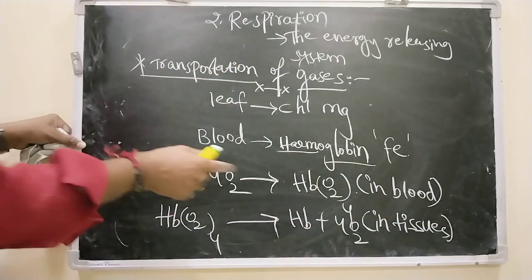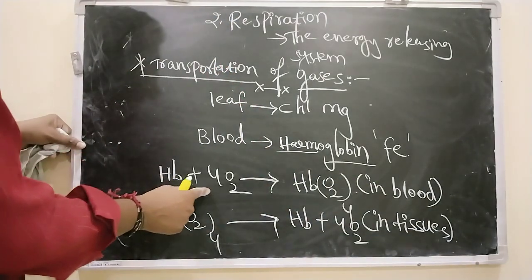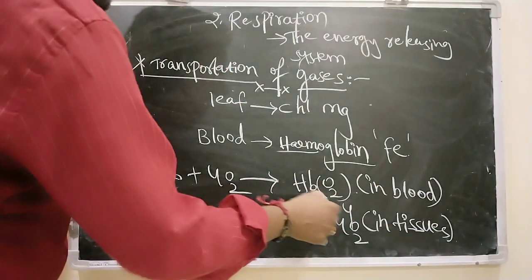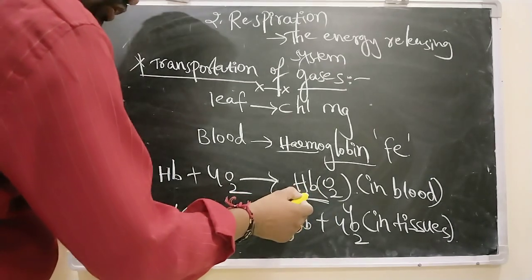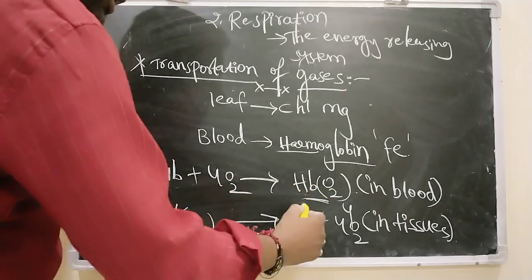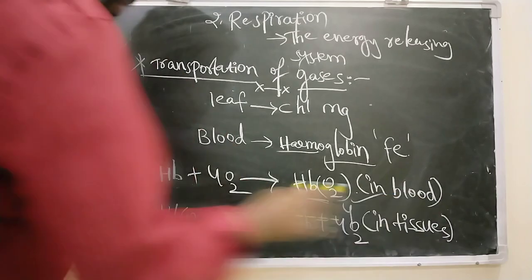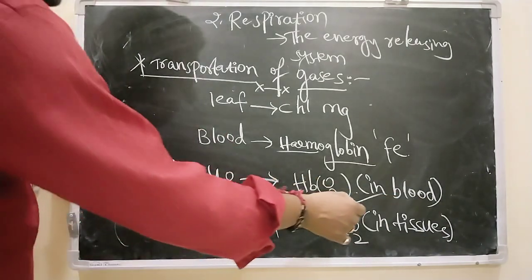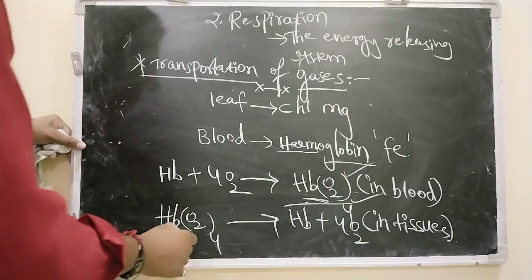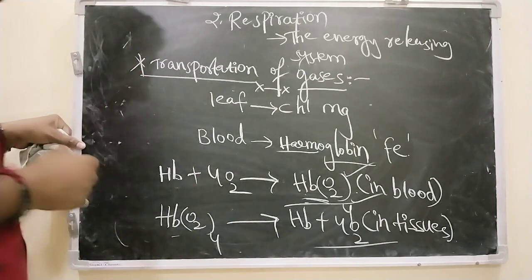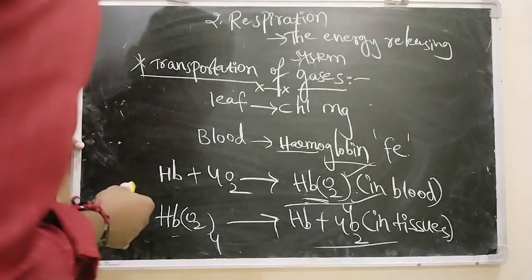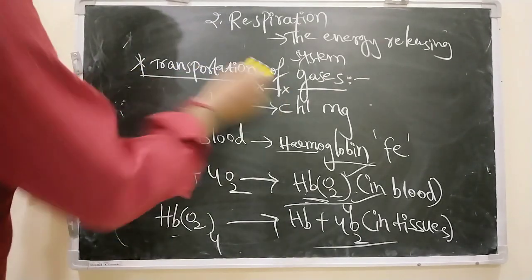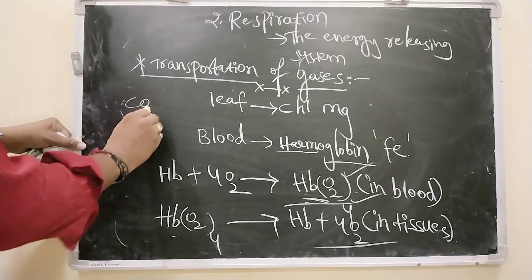So whenever hemoglobin combines with oxygen, oxyhemoglobin is formed. Now hemoglobin carries this oxygen and distributes it to the tissues or cells. So this process occurs in blood, and this is what happens in tissues. Okay, so this is about the transportation of gases. What about carbon dioxide?